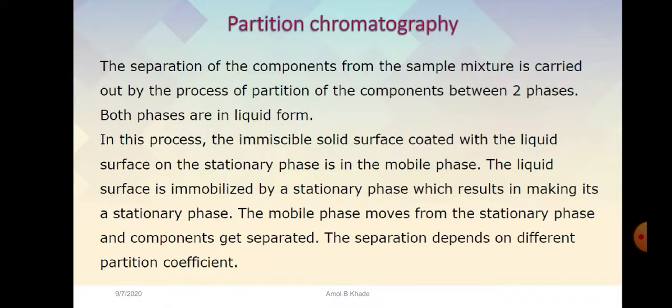So in this process, the immiscible solid surface is coated with the liquid, which is immobilized by the stationary phase, which results in making it a stationary phase. Here the liquid is either coated on the surface of the solid supporting material, or the liquid is directly coated on the inner wall of the column.